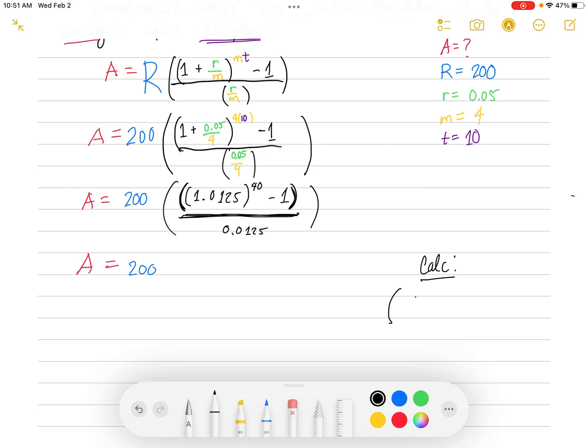You want to put parentheses, and then parentheses 1.0125, caret to the 40th power.